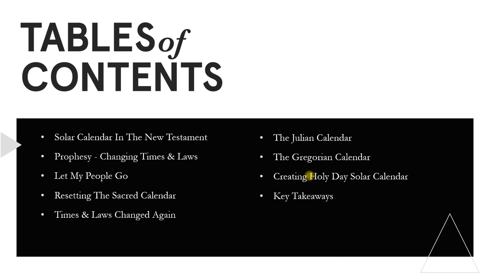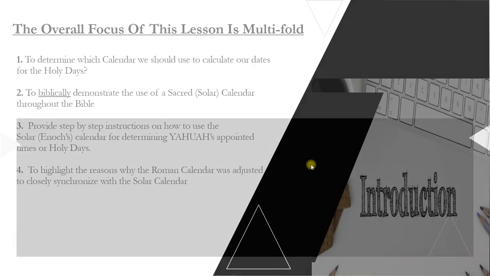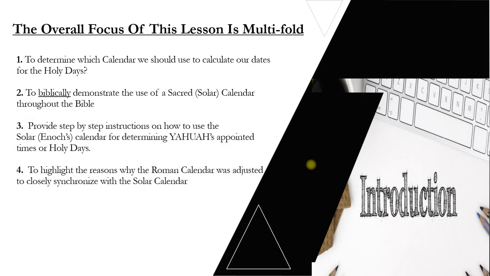The table of contents is a slight work in progress, so there may be some minor changes, but not much. Okay. So the overall focus of this lesson is 1, to determine which calendar we should use to calculate our dates for the holy days. 2, to biblically demonstrate the use of a sacred calendar or solar calendar throughout the Bible. 3, provide you with a step-by-step instruction on how to use the solar calendar for determining Yahuwah's appointed times or the holy days.